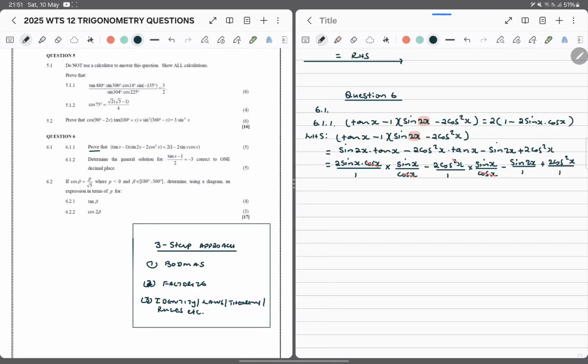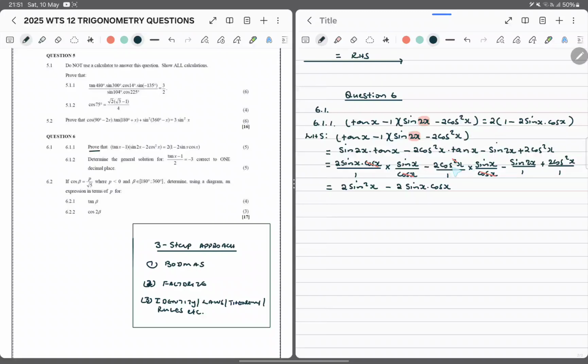So we just deal with the business. This is equal to 2 sine squared x. That divided by 1 is just itself, minus 2 sine x cos x.